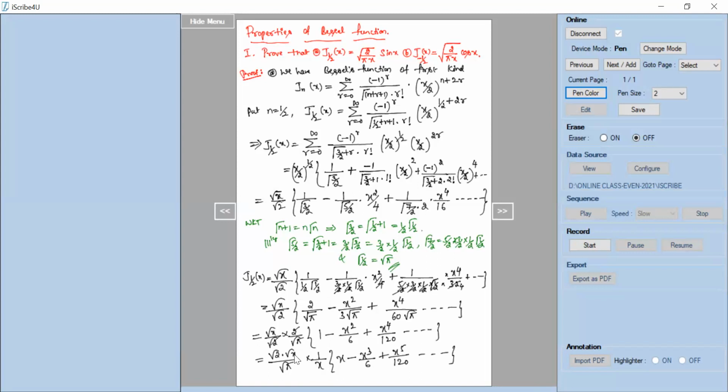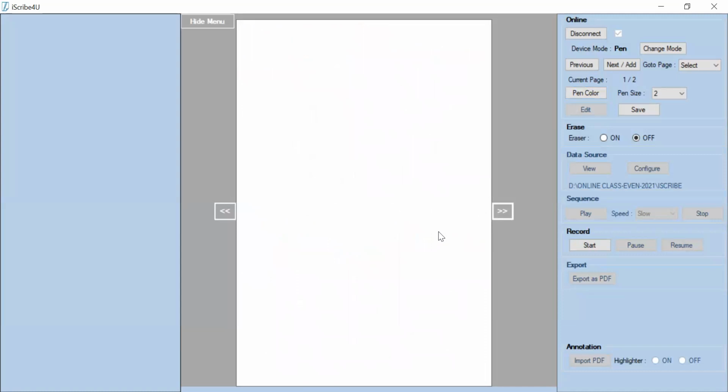Now further, again here you have root x and here you have x. And this denominator x can be written as root x into root x. I'll just go to the next page and I'll show you. I can write this as j of x equals root 2 into root x by root pi into one more x, which I'll write as root x into root x.